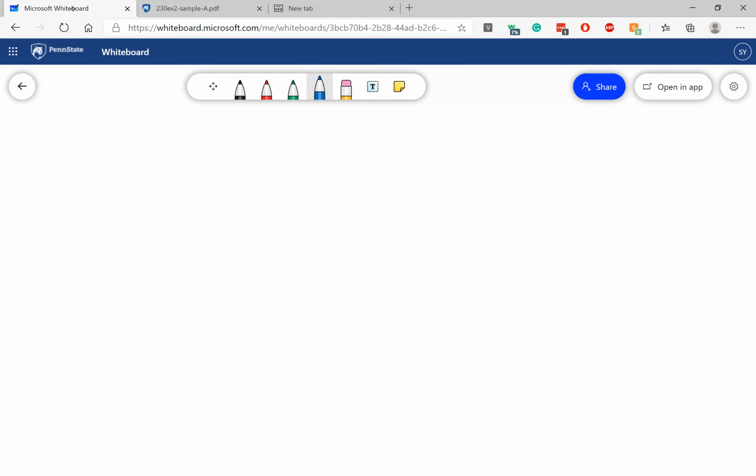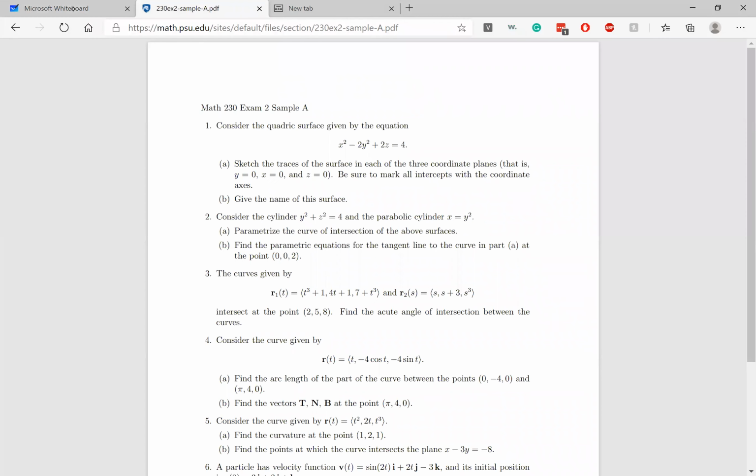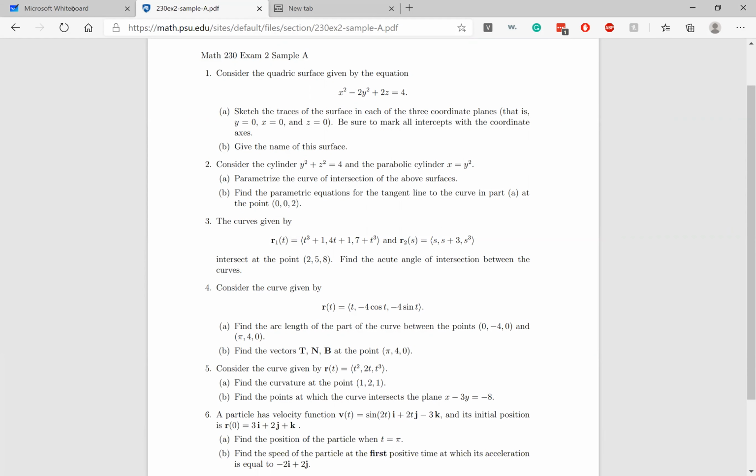So now let's move on to the next problem. Problem 3. The curves given by these two intersect at the point (2, 5, 8). Find the acute angle of intersection between the curves. The first thing we want to do is take the derivatives of both of these curves and find what they are at this point.